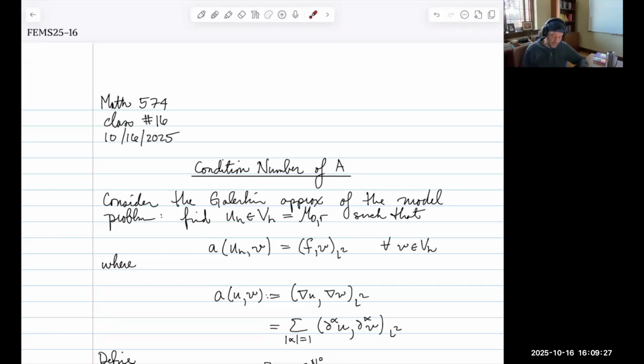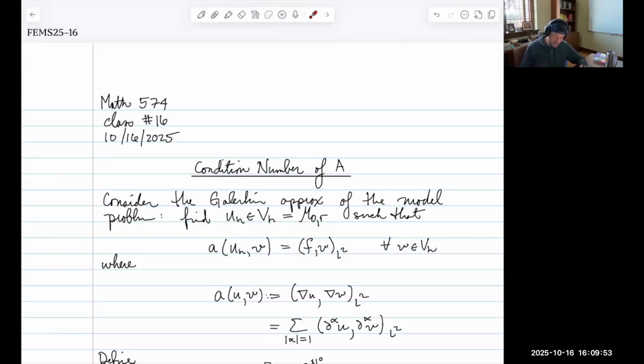So piecewise polynomials of degree R. The zero means that we are enforcing zero boundary conditions for the problem, even in our Galerkin finite element approximation. What makes this a finite element is that we're taking the particular finite dimensional space to be a piecewise polynomial space. And that's what makes it finite element.